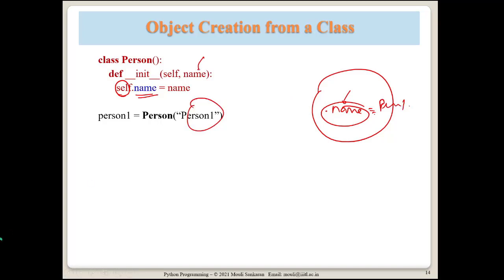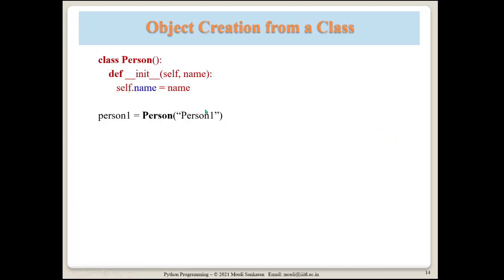So to summarize the activities that happen when we do this: name is an instance attribute of the class Person. Now, what is this name? Name is created with respect to self. Self is nothing but the object which is getting instantiated, and that is being passed as the first parameter to this method, which is an instance method, because it is expecting an instance of the class to be passed as the first parameter.